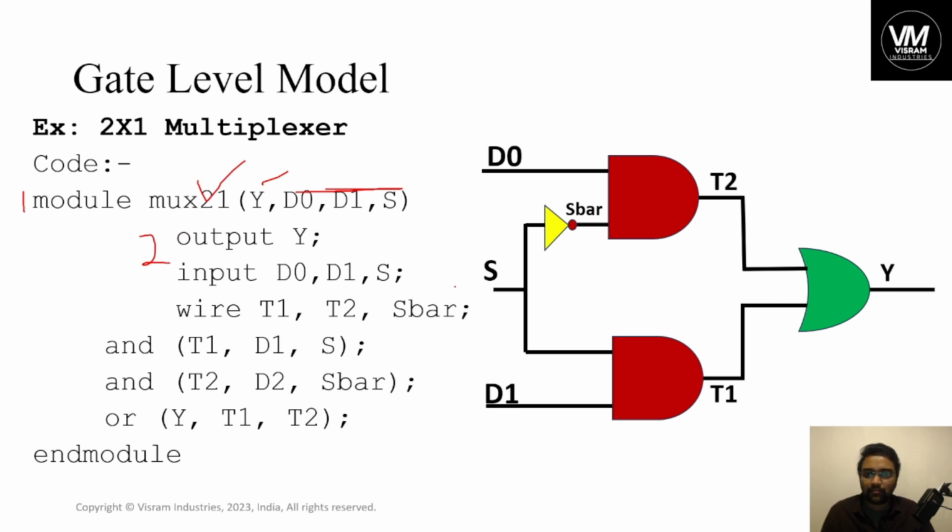So output and input D0, D1 and S, and wires. What are the wires? T1, T2 and S bar. Here you are getting some output, right? After a logic cell that can be connected to another logic cell using wires. The ports have a single direction of input in this way, but the wires are a two-way communication, where data flows from left to right, let us assume.